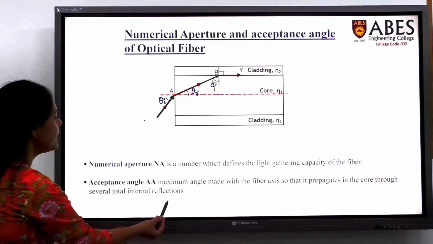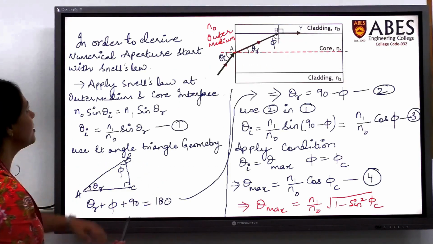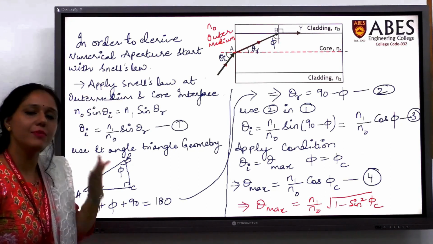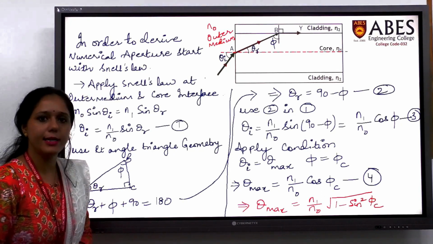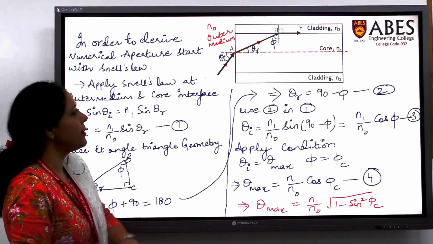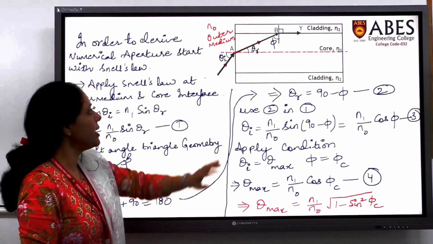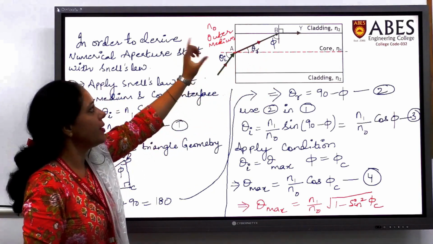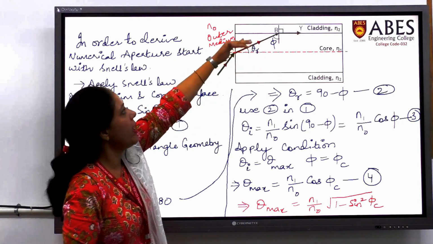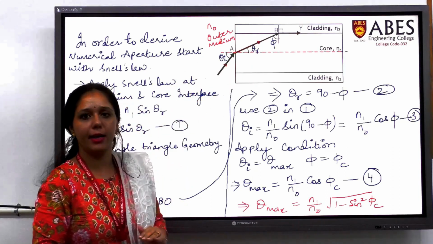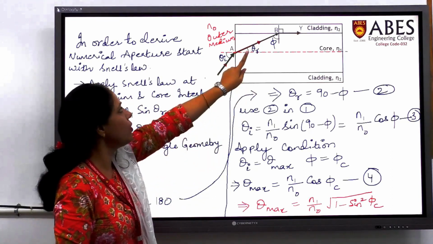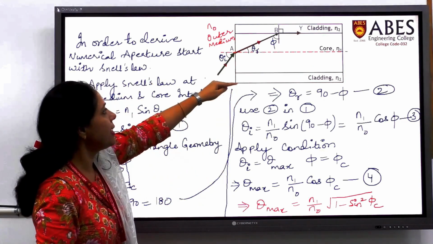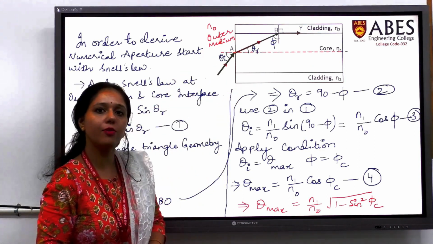In order to derive this, we are going to start with Snell's law. Now how many times are we going to apply Snell's law? Snell's law is applied 2 times over here. We can see this is an optical fiber. The innermost part is the core, having refractive index N1. The boundary part is the cladding, having refractive index N2.